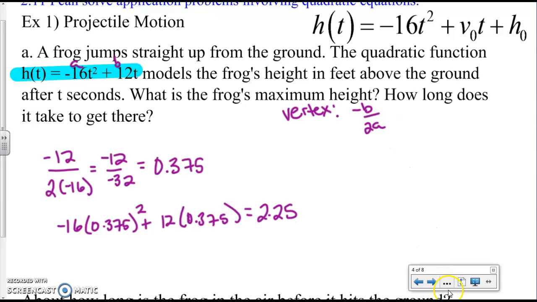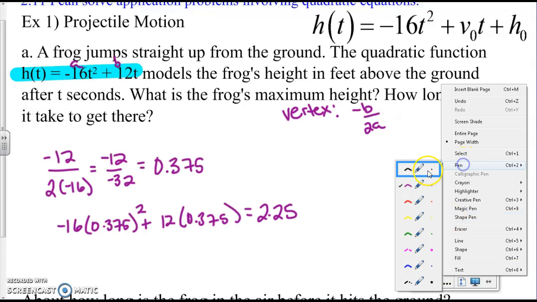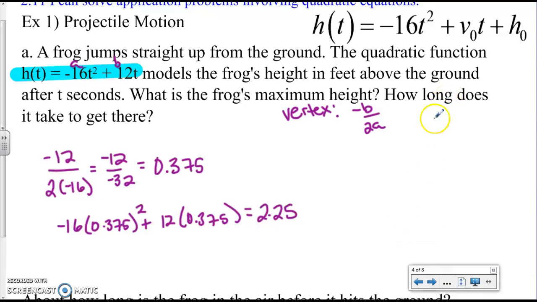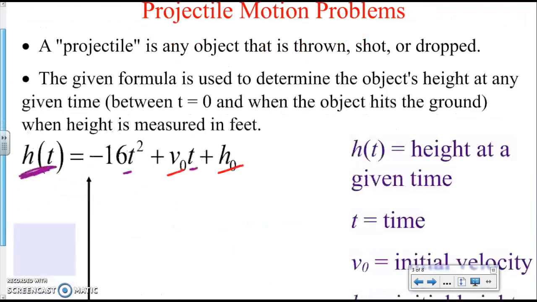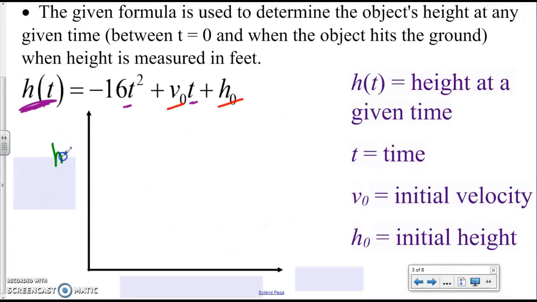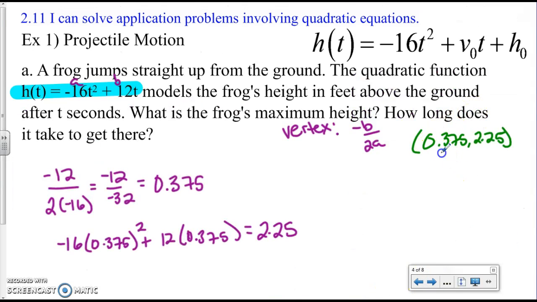So our maximum is the point 0.375, comma 2.25. If you think back to the diagram, this is my height, and that's my y. This is my time, and that's my x. So x is time, y is height.